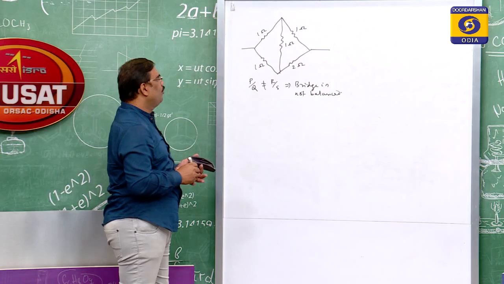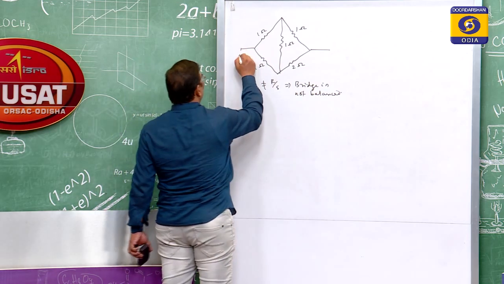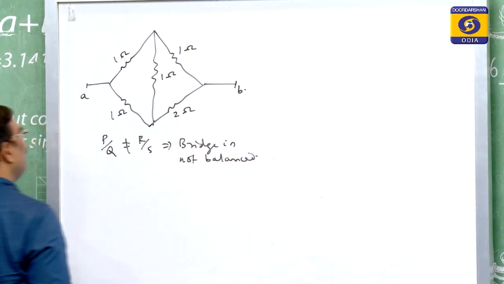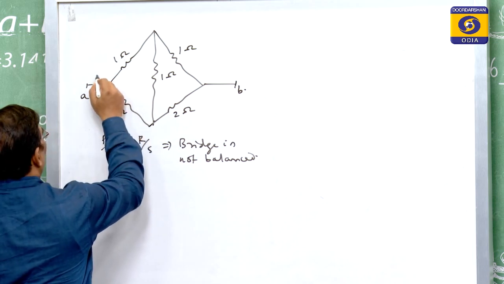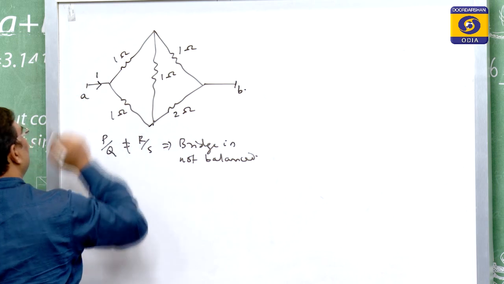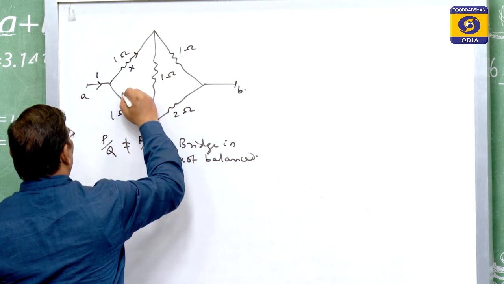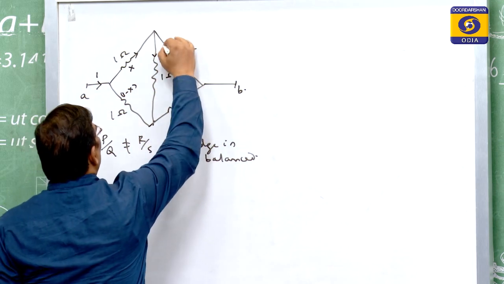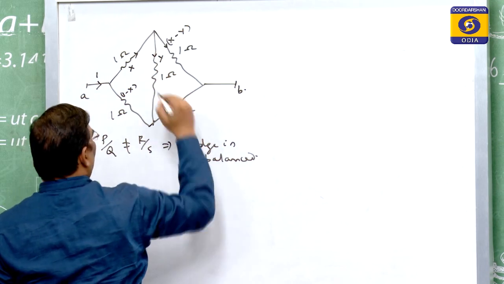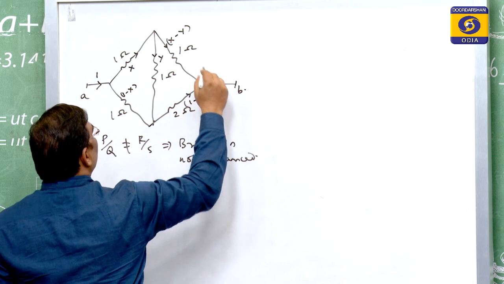So, in this case we have to follow first principles to find the effective resistance between A and B. Suppose A and B are connected to a battery. What will happen then? Suppose unit current is entering the junction and this is X. So, this is 1 minus X, and this is Y. So, this will be X minus Y and this will be 1 minus X plus Y and this is 1.